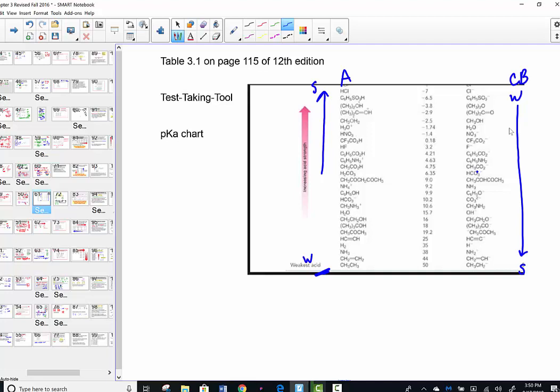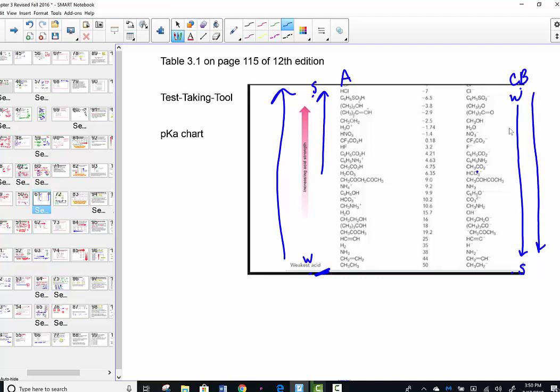The stronger the acid, the weaker its conjugate base. The weaker the acid, the stronger its conjugate base. And so you see an increase in strength of acid from bottom to top, but of course now you're increasing strength of base from top to bottom.